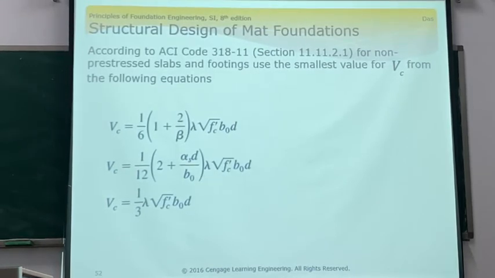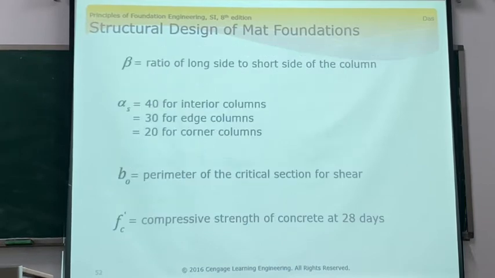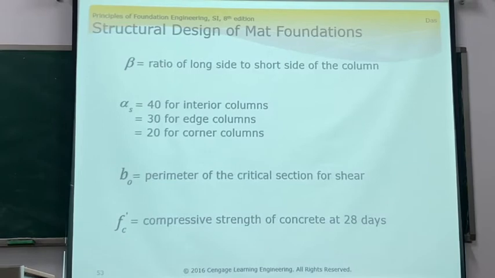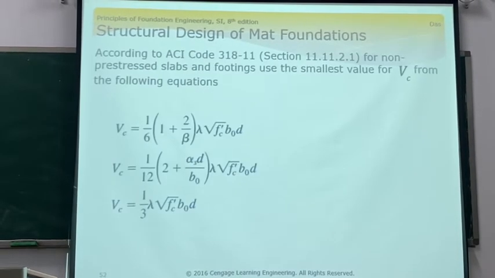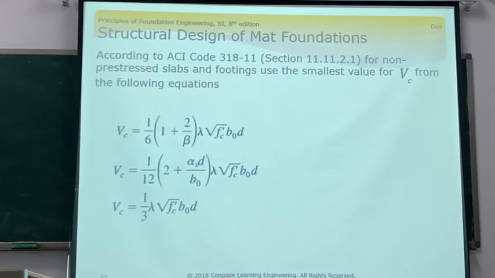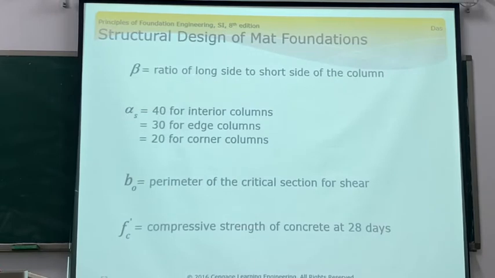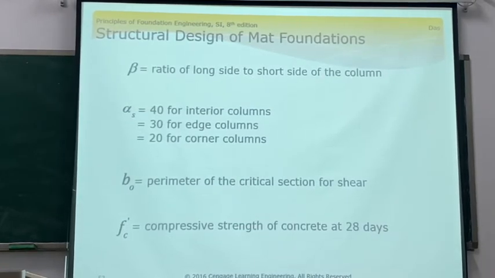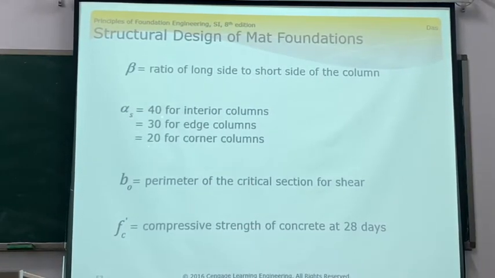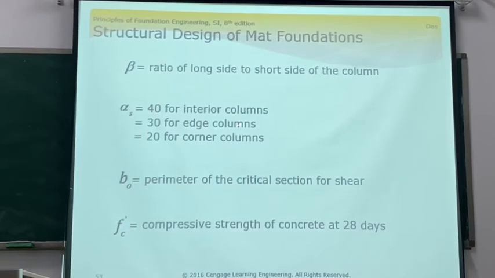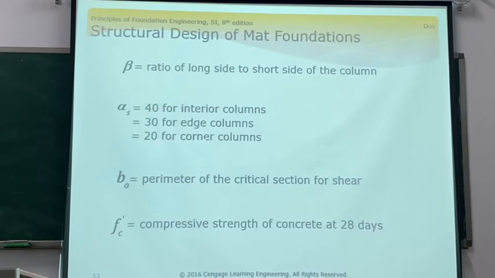Okay, we just know it. And so on. These are the parameters for this VC. Beta is the ratio of long side to short side of the column. Here alpha s is 40 for interior, 30 for edge, 20 for corner columns.